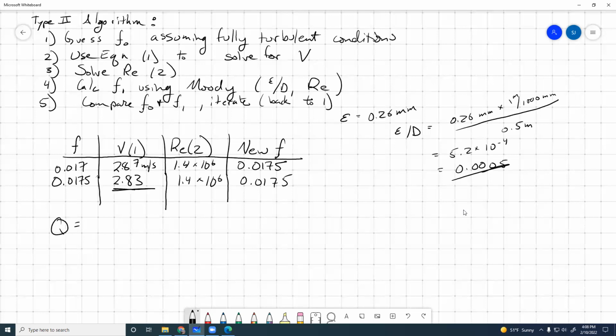So Q is equal to velocity times area, 2.83 meters per second times our area, so pi d squared over 4.